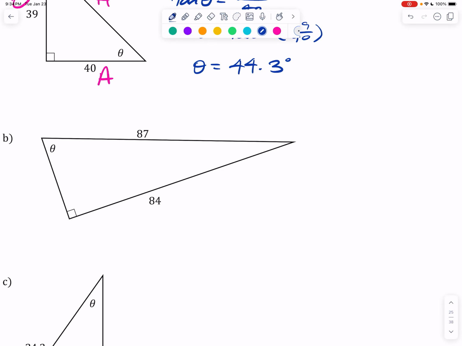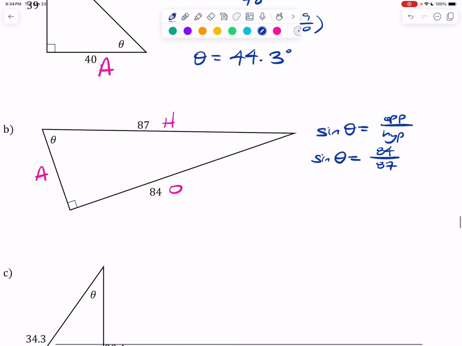Next example. 84 is opposite. 87 is hypotenuse. And then this other side's adjacent, which we don't need in this case. But we can set things up using the sine ratio. Sine of theta is opposite over hypotenuse. So sine theta is 84/87.